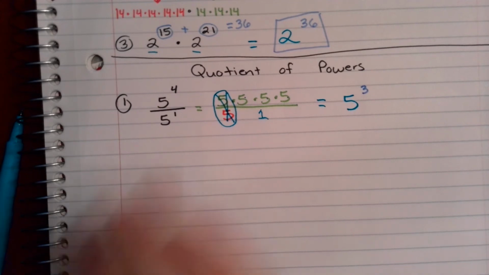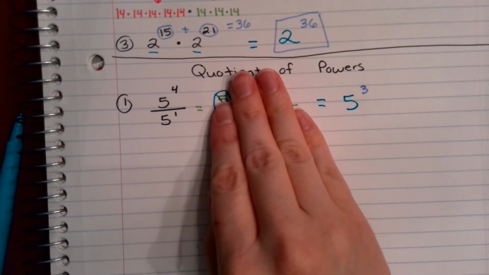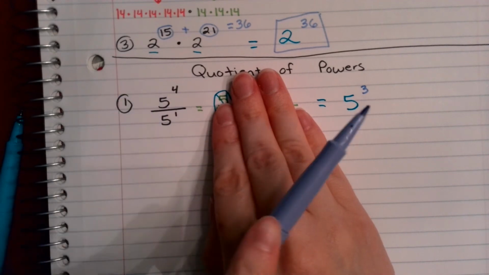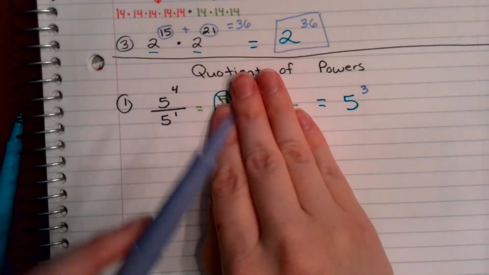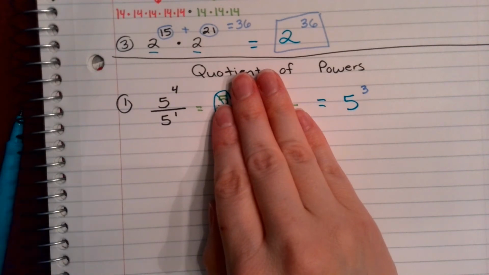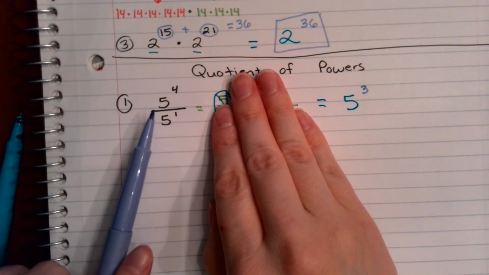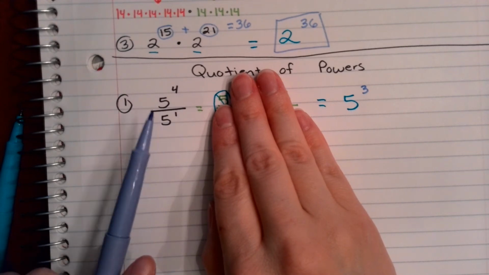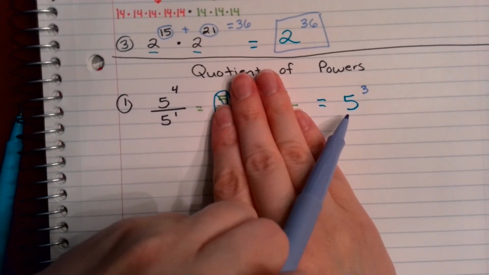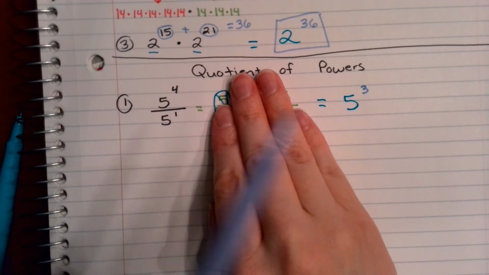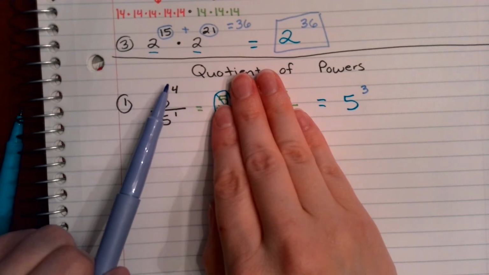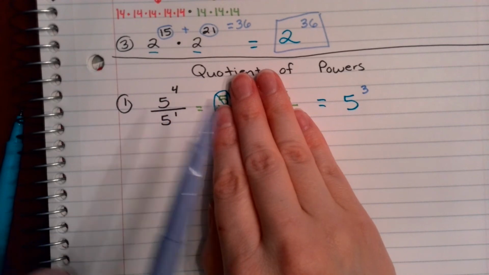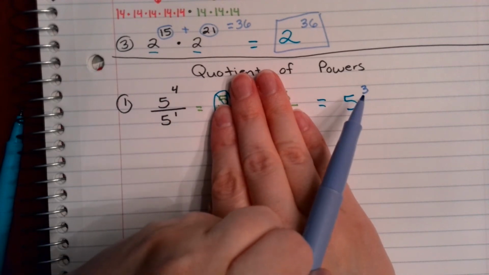If we didn't do this though, how could we take the problem and get to the answer? We notice that both of these had the same base of 5, and my answer had a base of 5. We notice that these exponents were a 4 and a 1, but now my exponent is a 3.